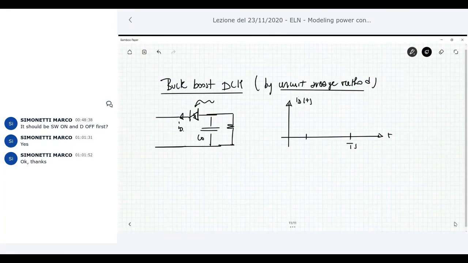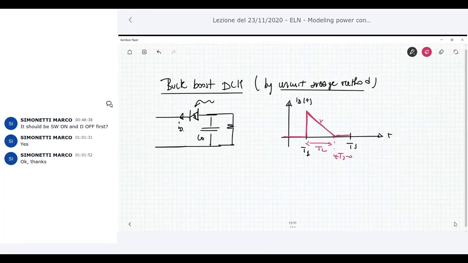We have a first time interval, T1, in which the switch is on and the diode is off, so no current can flow in this period. Then you have another period, called T3 or T idle, in which both the switch and the diode are off, so no current can flow here. The current only flows during T2, and during T2 this current is the same current that flows through the inductor.